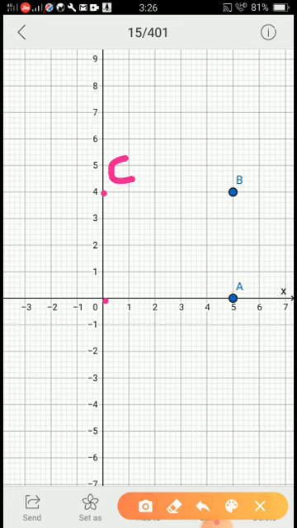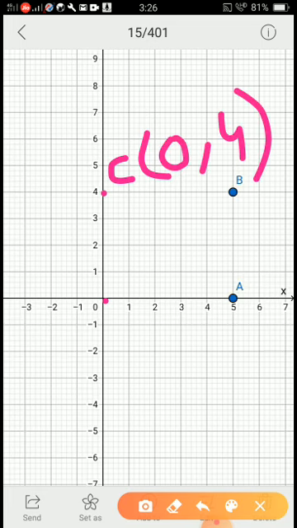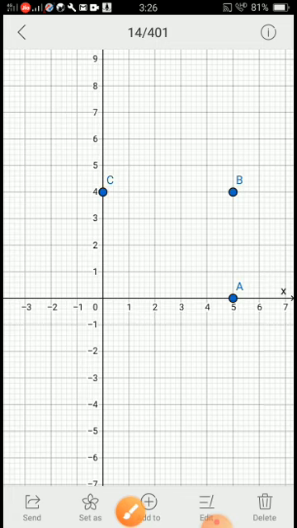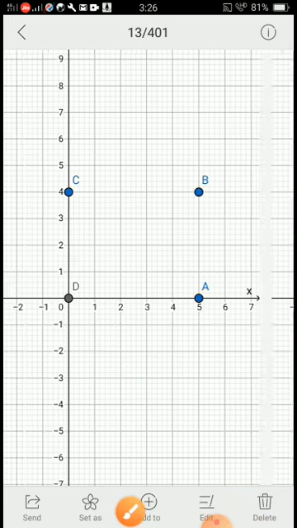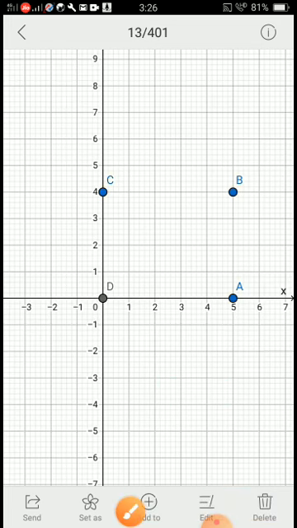This is my point C, (0, 4). That is what we have plotted here. And the last point was your point D, that is (0, 0). (0, 0) is nothing but your origin. So point D is (0, 0).